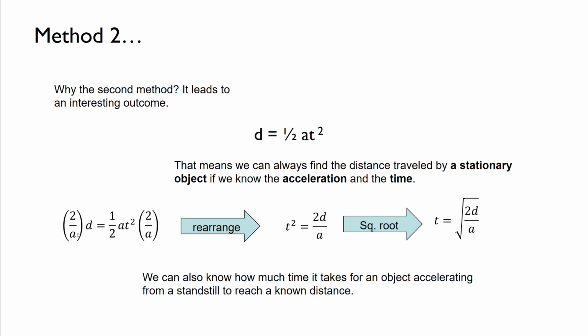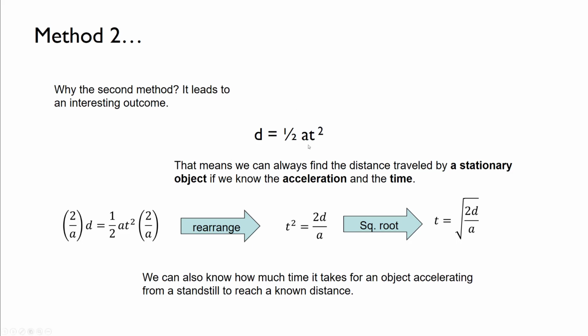Multiplying by 2 over a on both sides will get us to a point where we can move a and 1/2 over to the other side with d. It becomes 2d over a equals t squared. Flip the sides, so t squared is now equal to 2d over a. If I'm just interested in t and not t squared, then I need to take the square root of both sides, and I end up with t equals the square root of 2d over a.